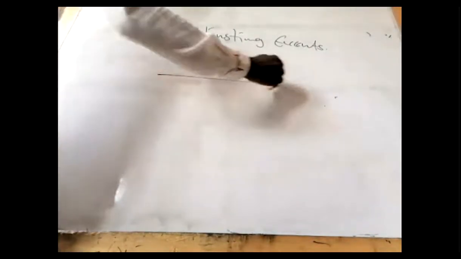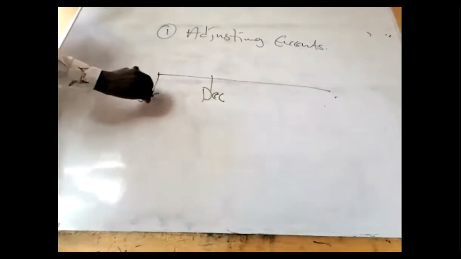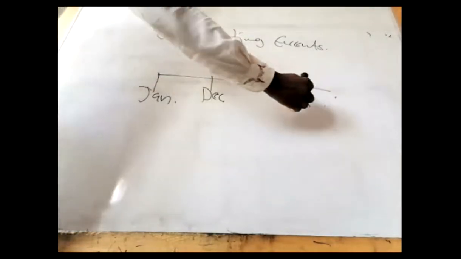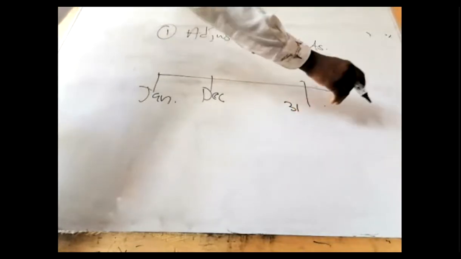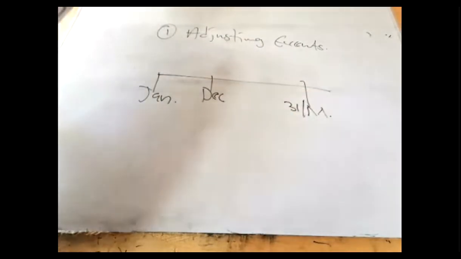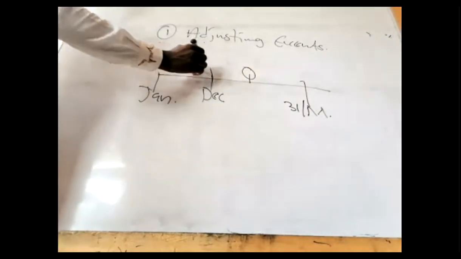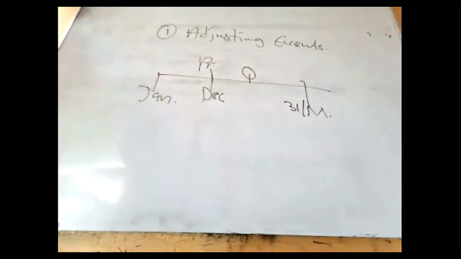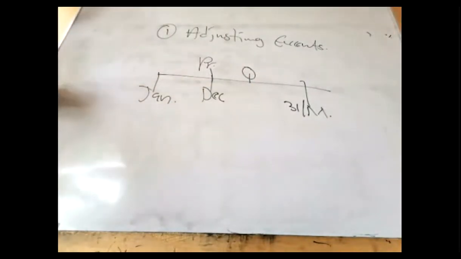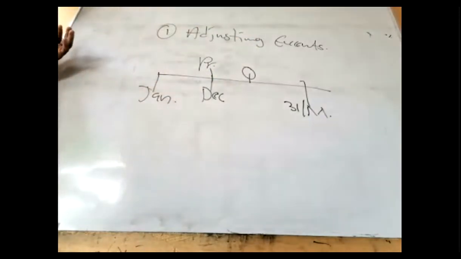So we are saying that if this is December, our financial year starts from January, and we publish our financial statement around, let's say, 31st March. So the transaction took place here. By then, we've already prepared our financial statement. So it will be adjusting if it provides evidence that it existed before the year end. That is all. Good.